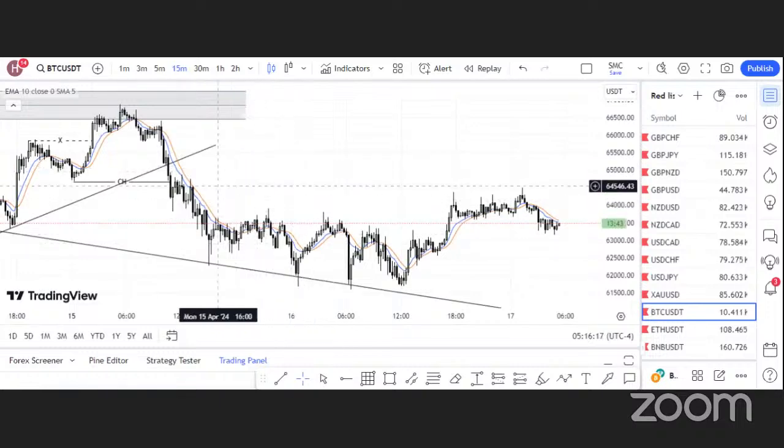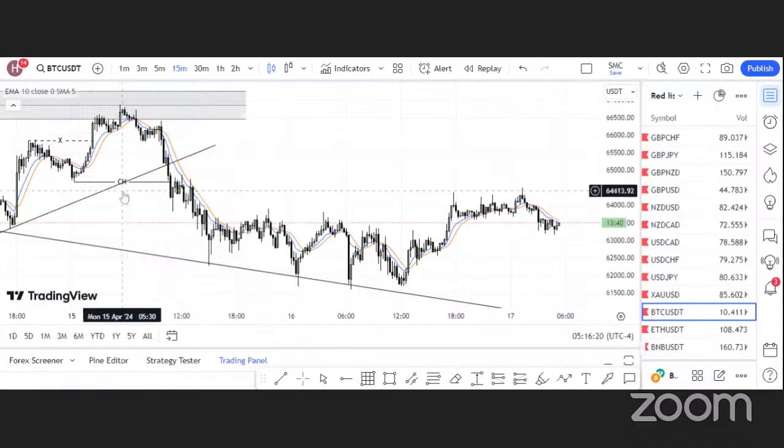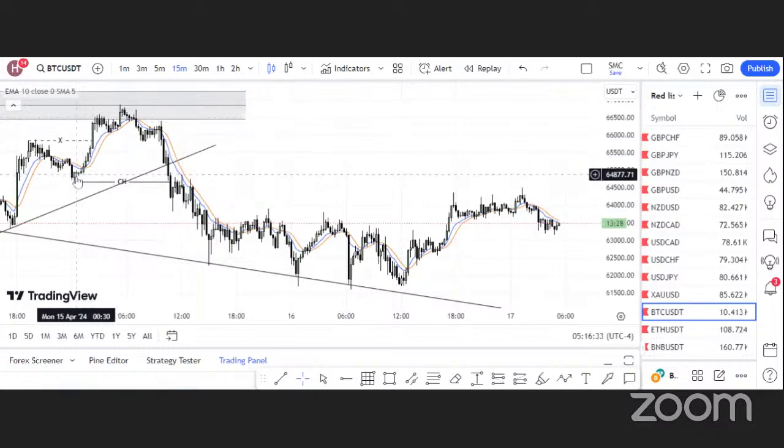So now we have a change of character. All right. The move that created this change of character, the last bullish move before the change of character, is this move. That means the whole of this area from here to here, we want to look out for our order block.